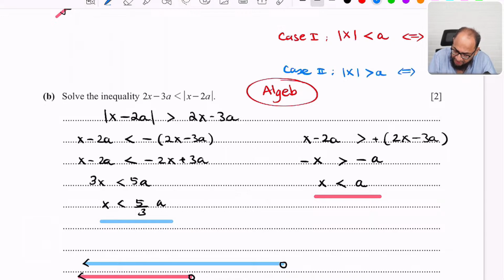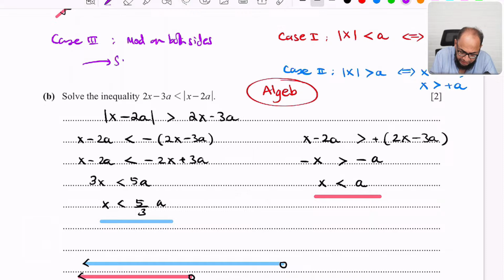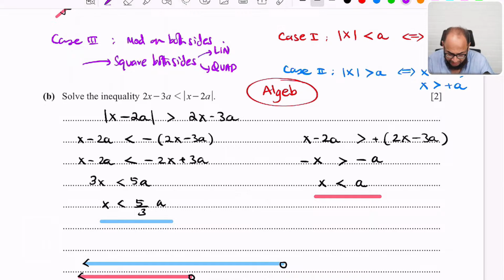That's the same thing as x is lesser than negative a, comma, x is greater than positive a. And similarly, we have case number three, that is modulus on both sides. So the rule is square both sides. You would either get a linear inequality or you would get a quadratic inequality. So one of these two choices is there. So let me write the inequality.